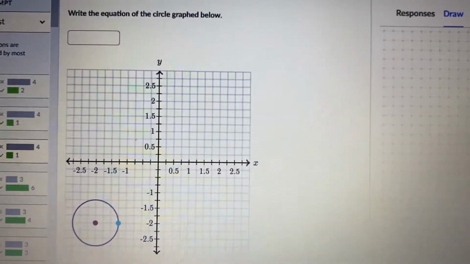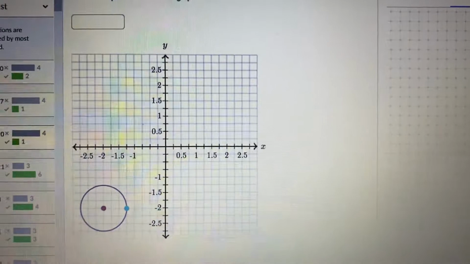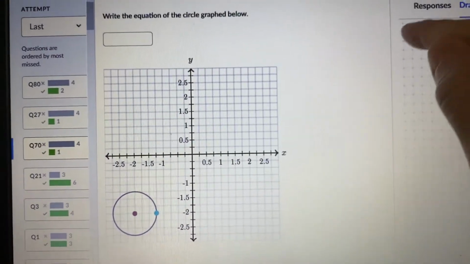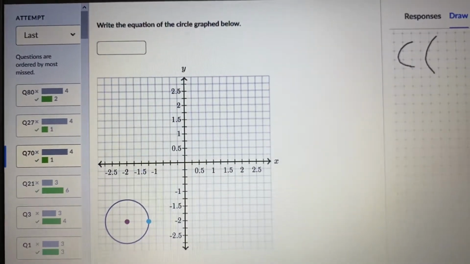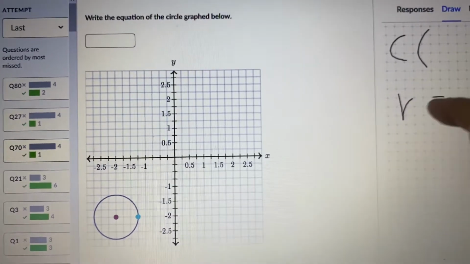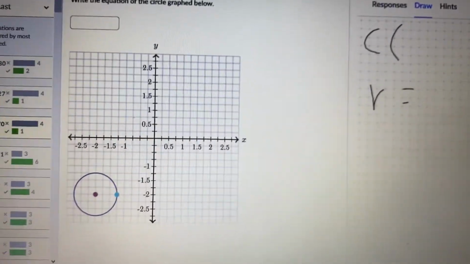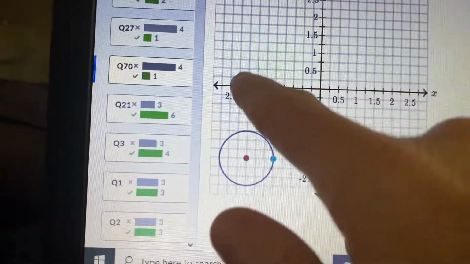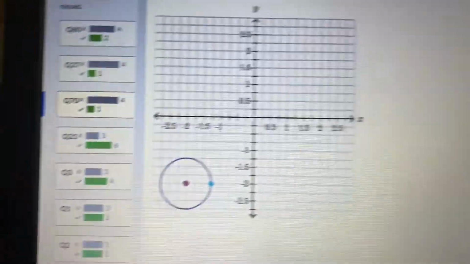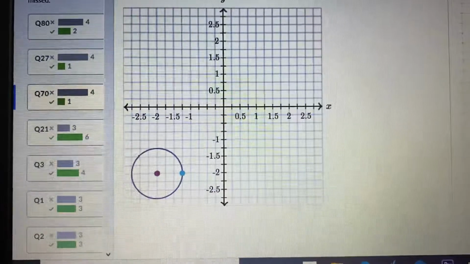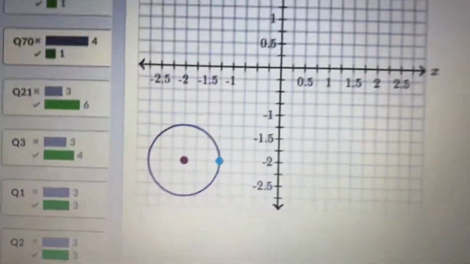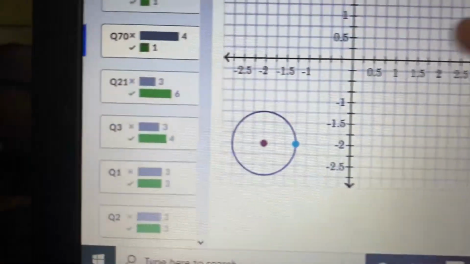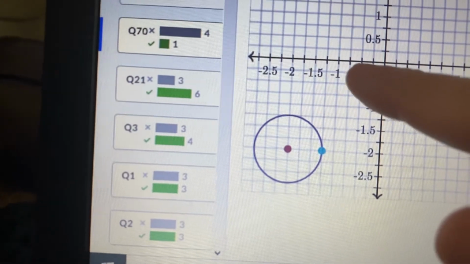Write the equation of the circle graphed below. Key thing I hope you realize on all these, you need a center, you need a radius. If you get a center and a radius, you can write the equation of a circle. Looking at my picture, it looks like my center is at -2, -2. Now be careful counting on this, because notice each block is a quarter, 1/4.